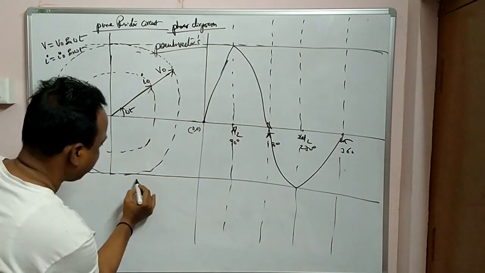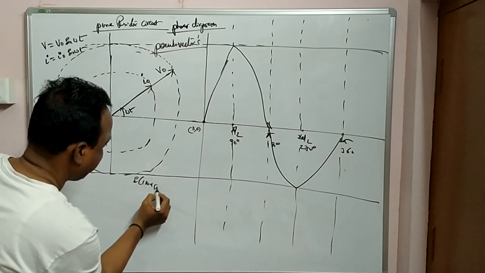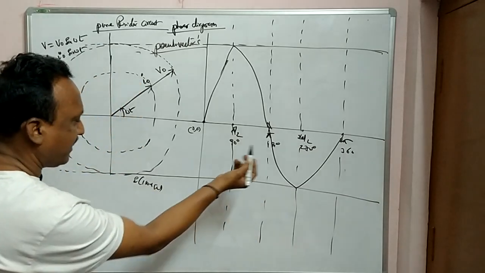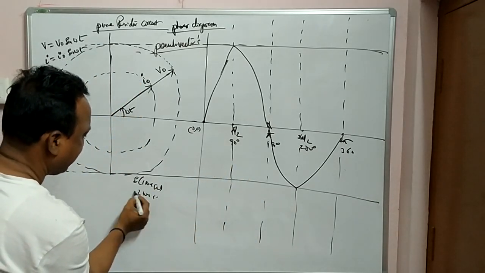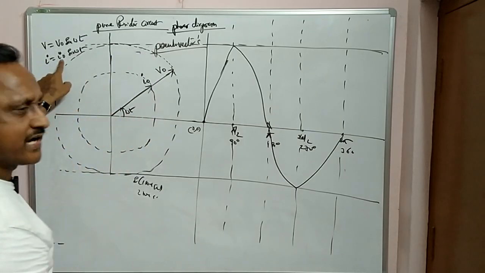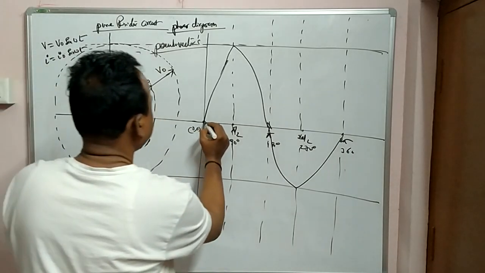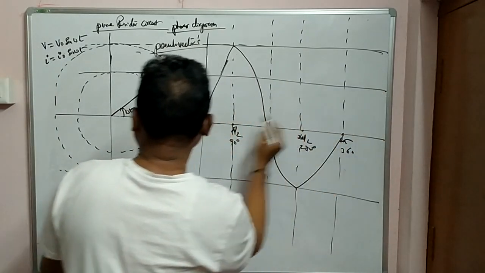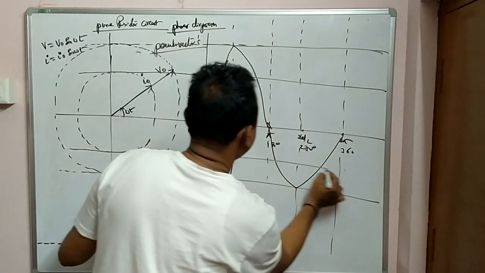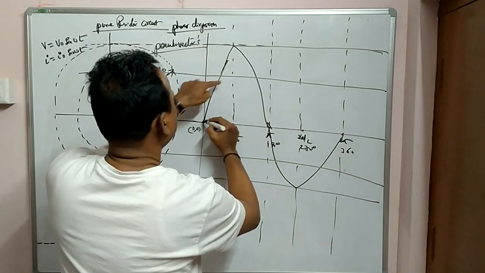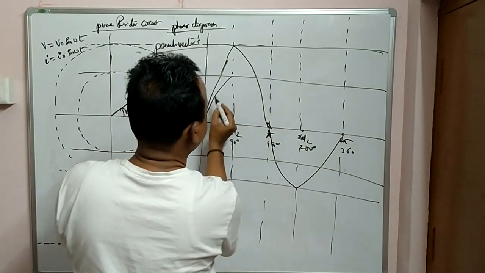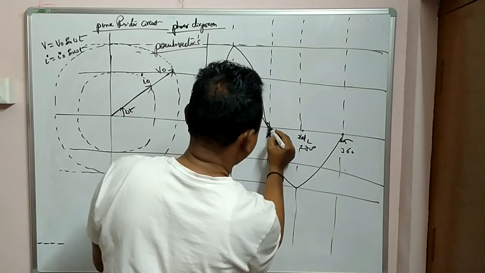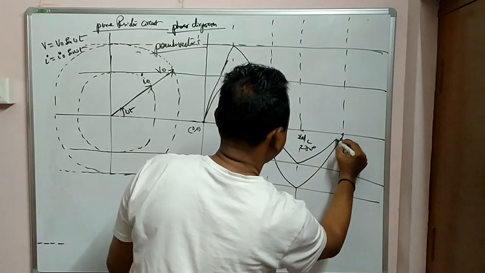Do you understand? You know sin 270, it is 180 plus 90. In the third quadrant, sine is negative, that is why. Again sin 360 is 270 plus 90, cos 90, which is 0. In the same way, if you draw for current also, same thing again, 0, but the graph will have a slightly lesser peak.